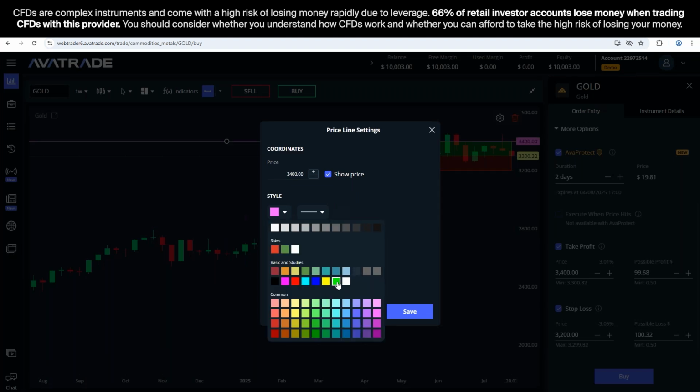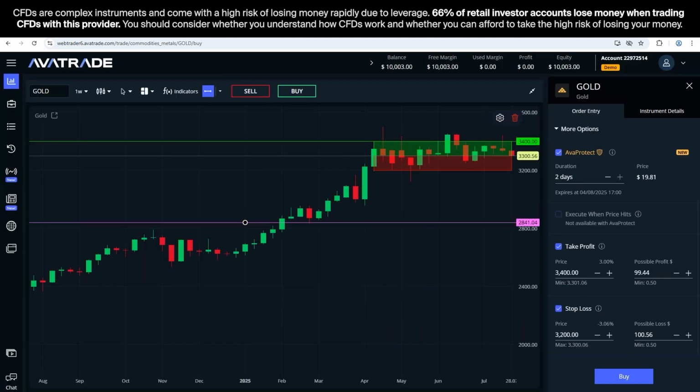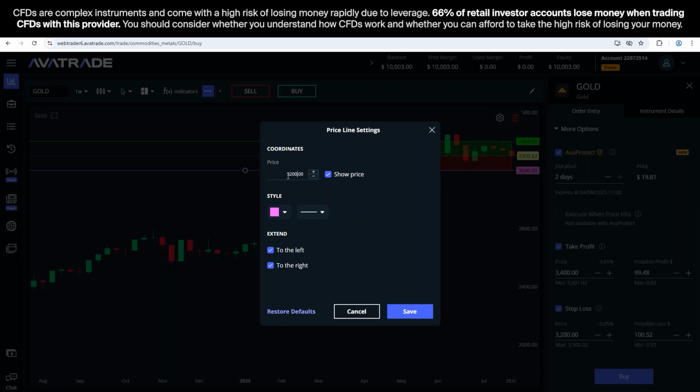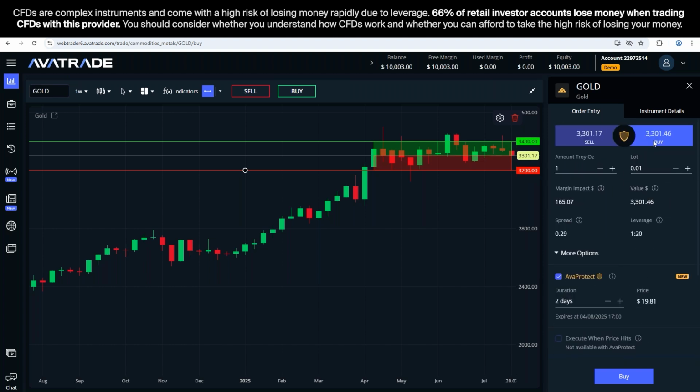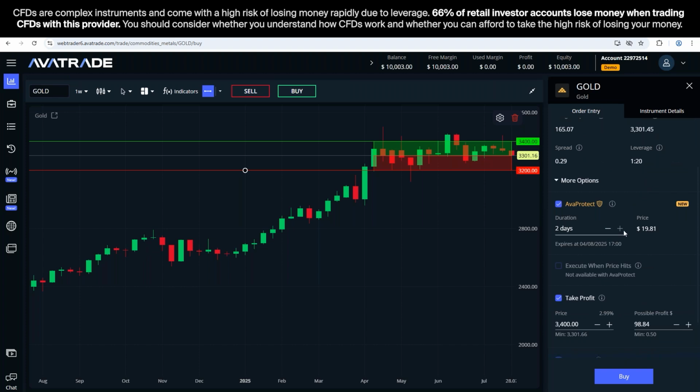We'll have it in green, and also a line at the bottom in red. Great. So if we take the position as it is at the moment, we are covered for 2 days.